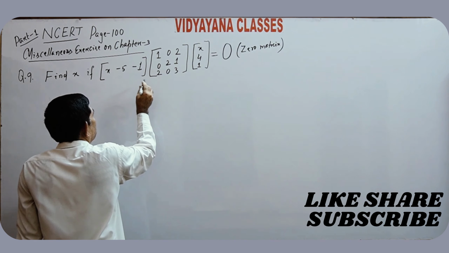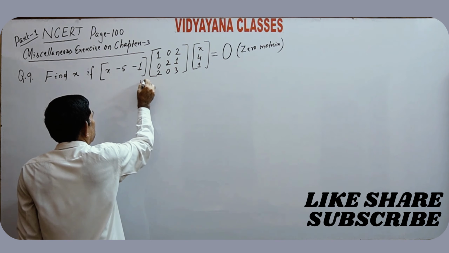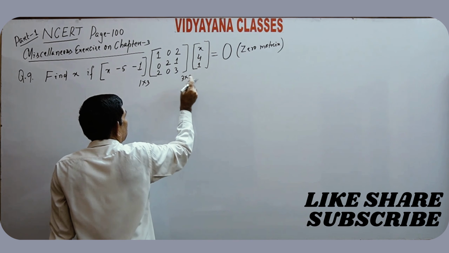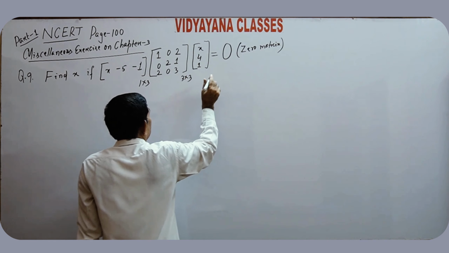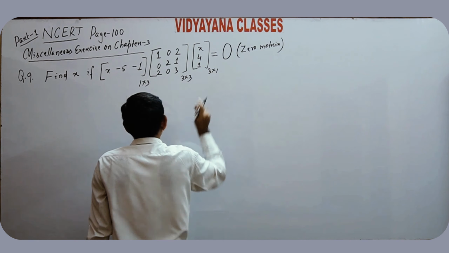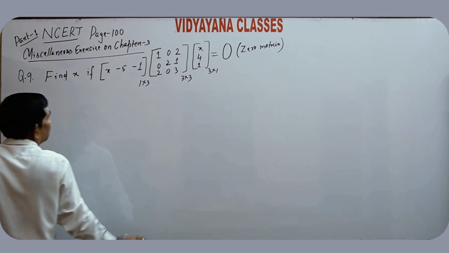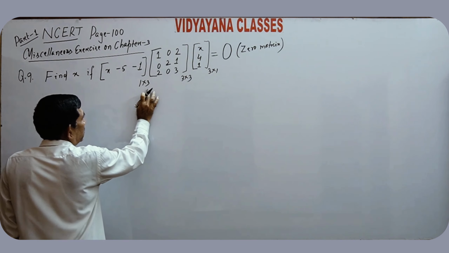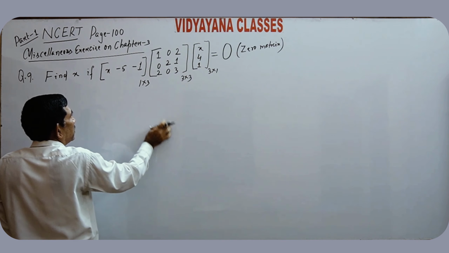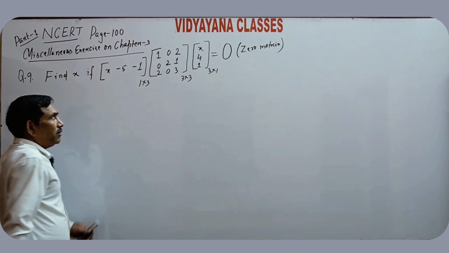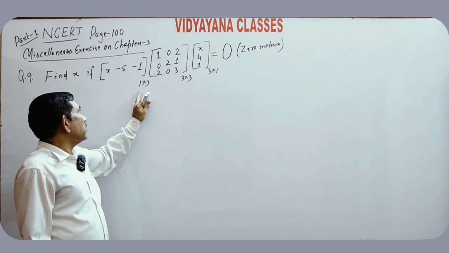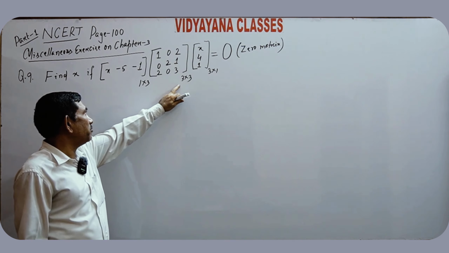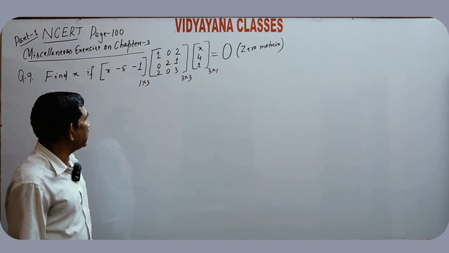It is a matrix of order 1 cross 3, 3 cross 3, and 3 cross 1. So the matrix multiplication is defined since number of columns of first matrix is equal to number of rows of second matrix, that is equal to 3.